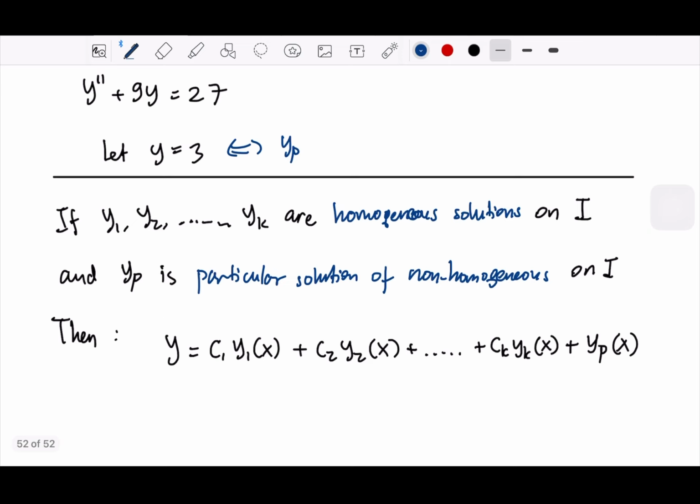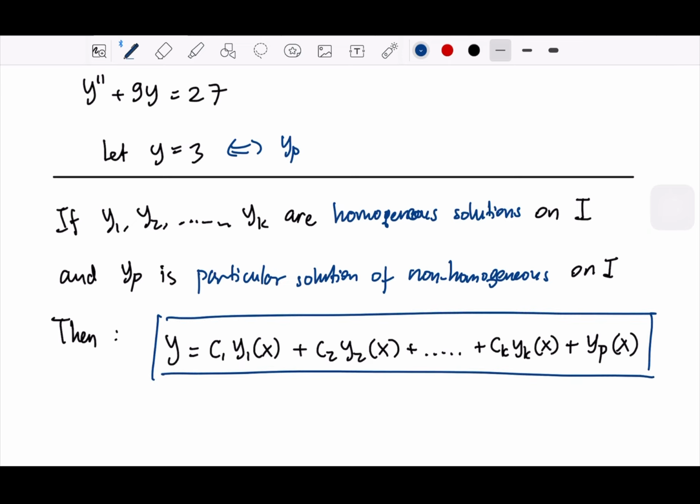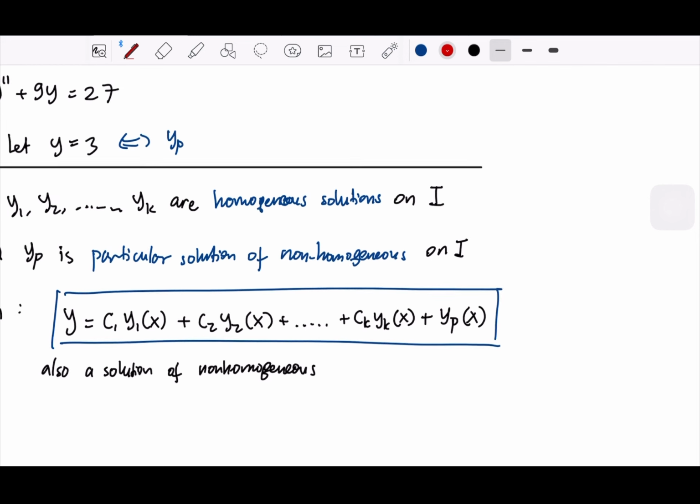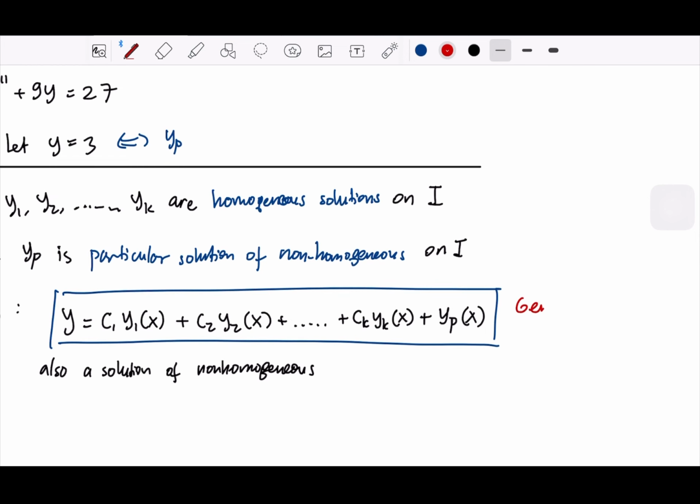Now this is also a solution of the non-homogeneous equation. And we call this our general solution of the non-homogeneous equation.